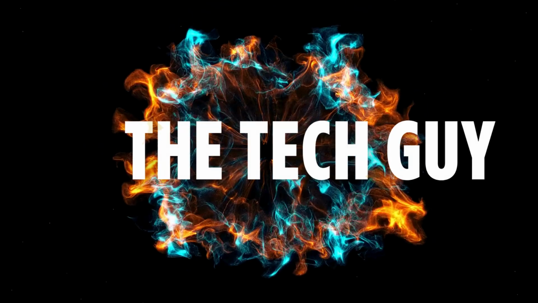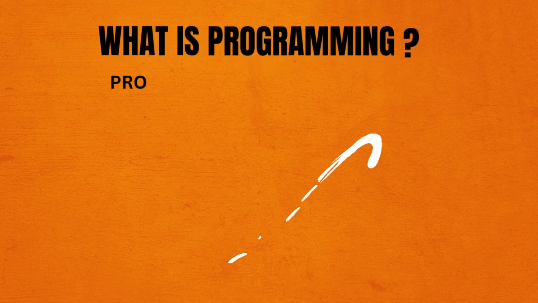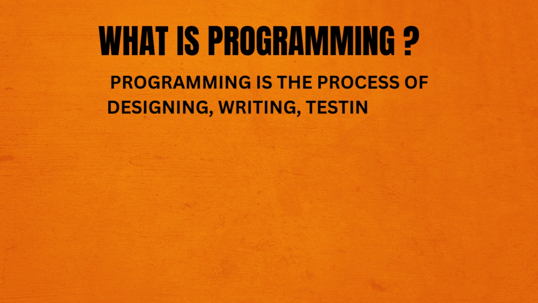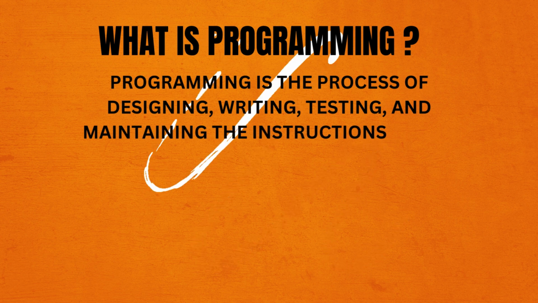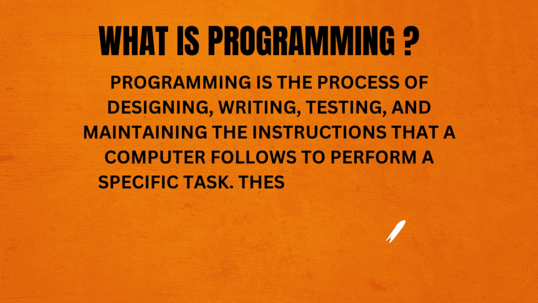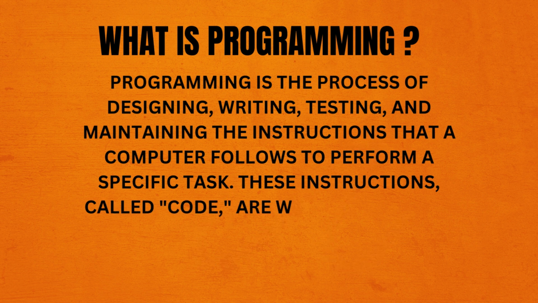So, before we start our main class, we need to know what programming is. So, what is programming? Programming is the process of designing, writing, testing, and maintaining the instructions that a computer follows to perform a specific task.